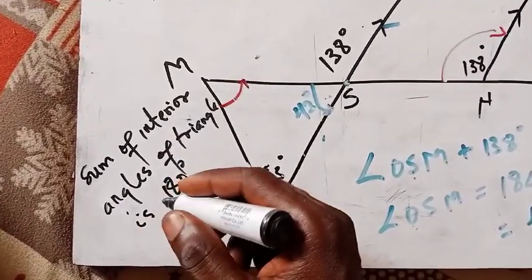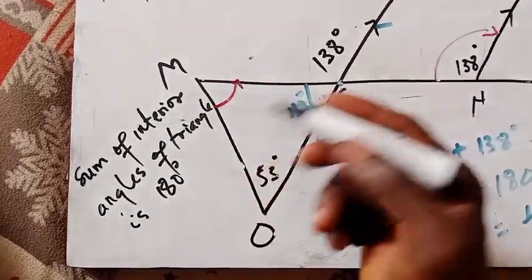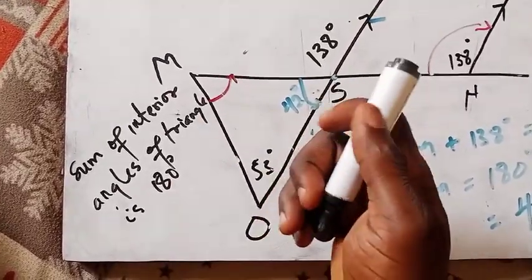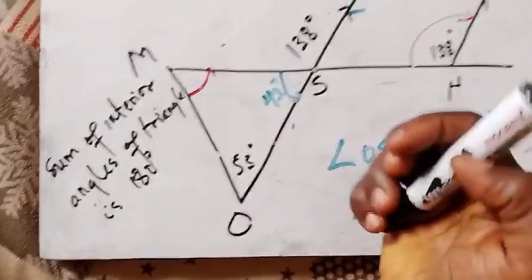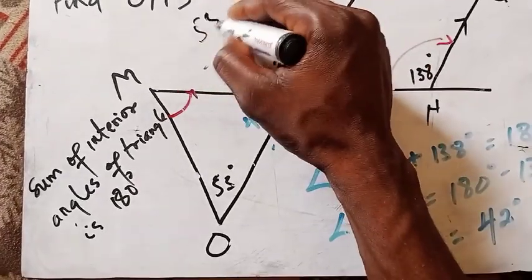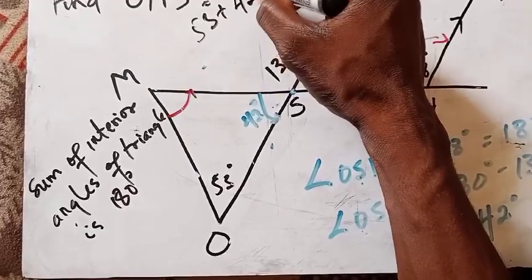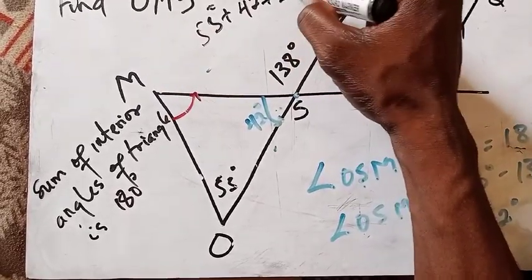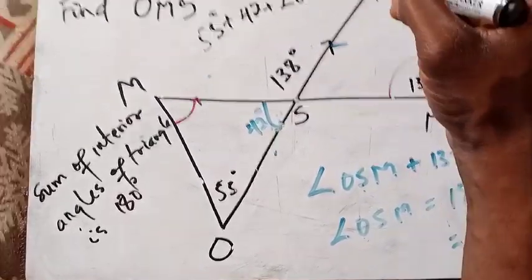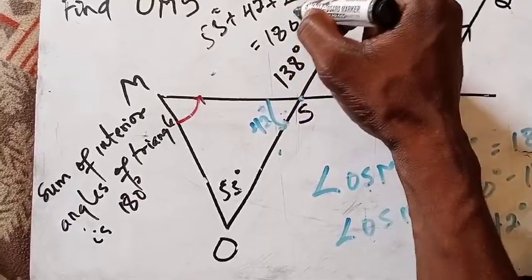This is just a definition. You just need to pick it and apply it. So we have 53 plus 42 degrees plus what we are looking for, OMX here, that is equal to 180 degrees.